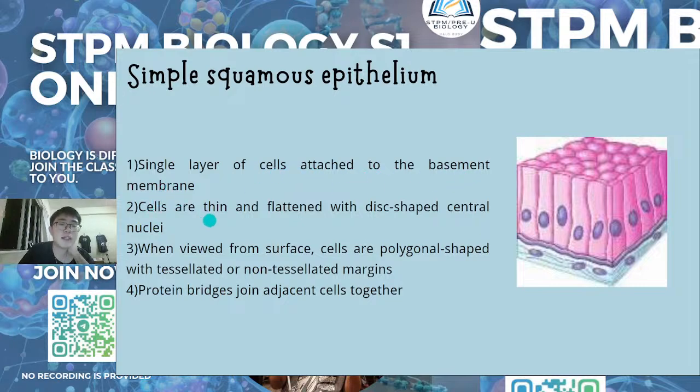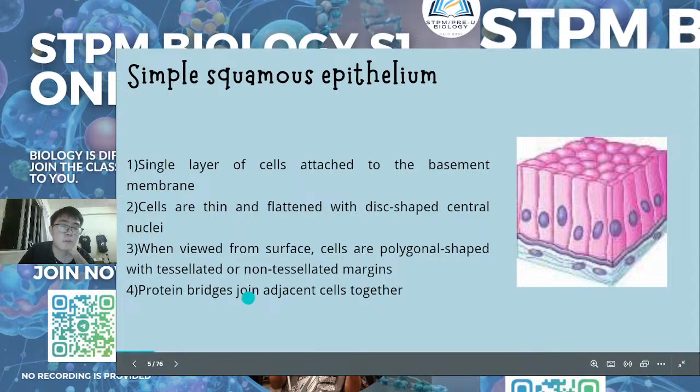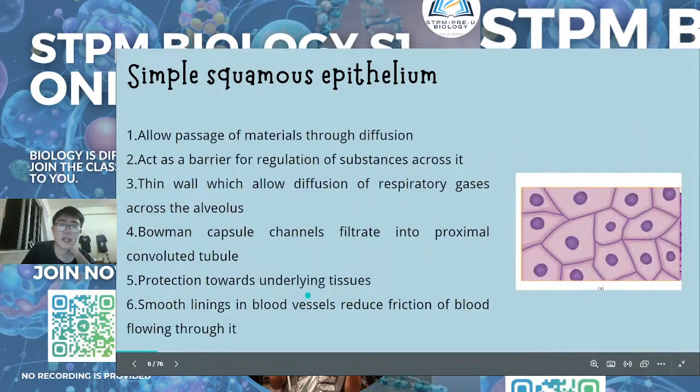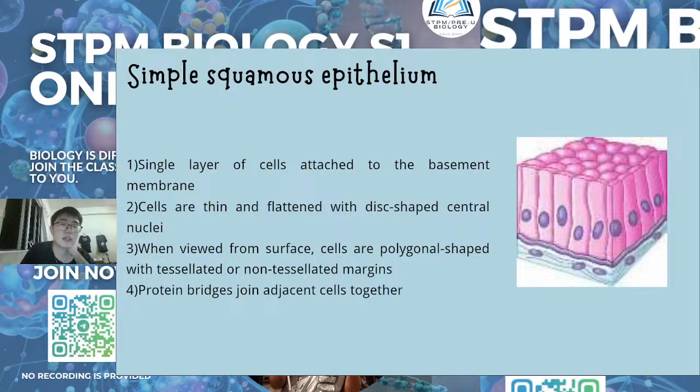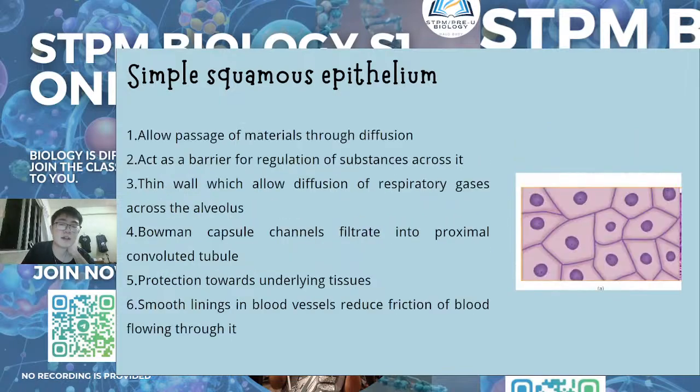Normally the cells are thin and flattened with a centrally located nucleus. When viewed from the surface, the cells are polygonal with tessellated or non-tessellated margins, with proteins which can join the adjacent cells together. This is the basic structure, and then there is the function.